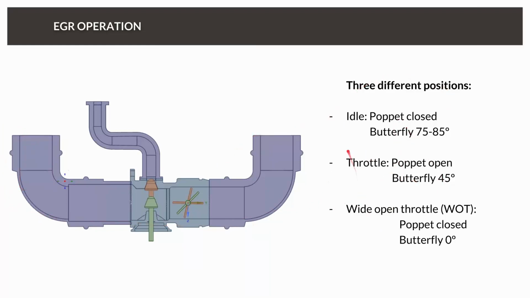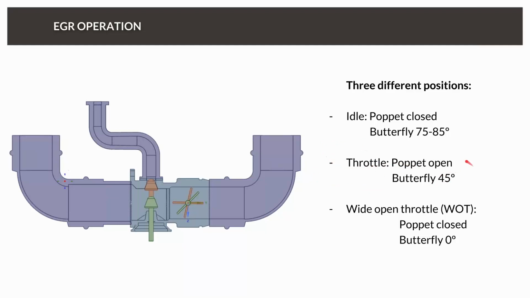There are three modes actually. The idle mode, where the poppet is closed, so no exhaust gas can come inside this mixing pipe, and the butterfly is nearly closed, so we have a little bit of air and no exhaust gas.